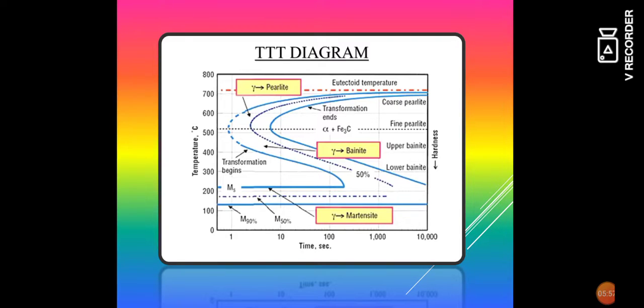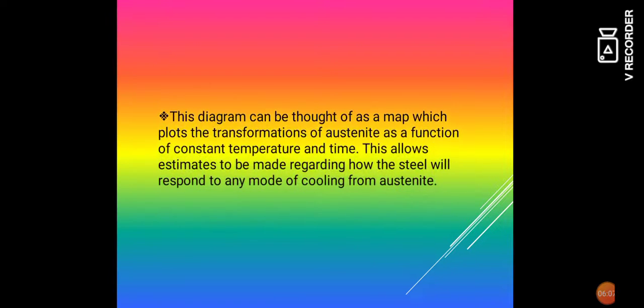This curve is in the shape of the English letter S. This diagram can be thought of as a map which plots the transformations of austenite as a function of constant temperature and time. This allows estimates to be made regarding how the steel will respond to any mode of cooling from austenite.